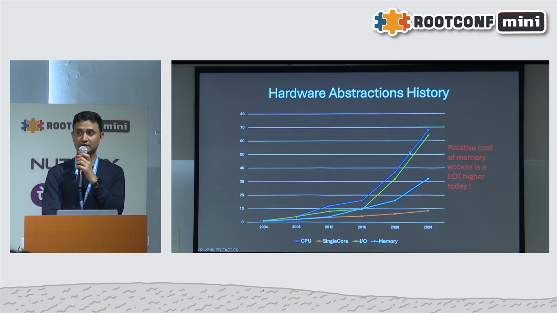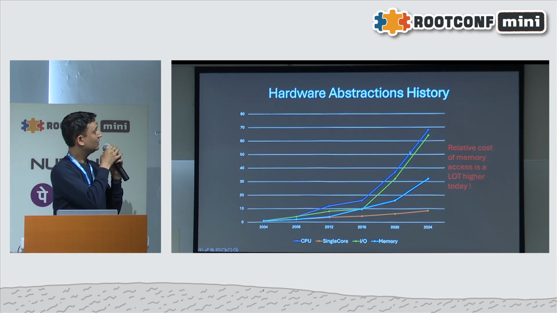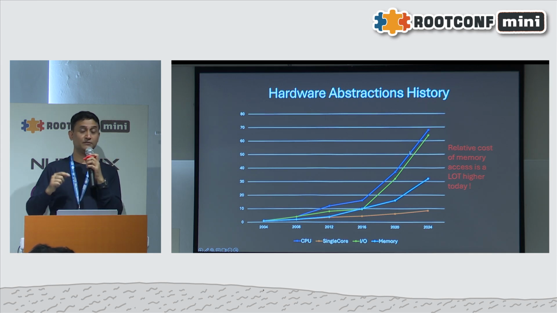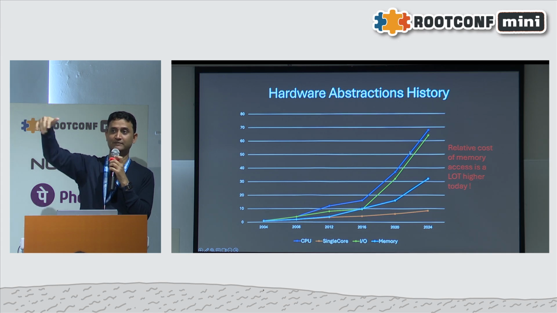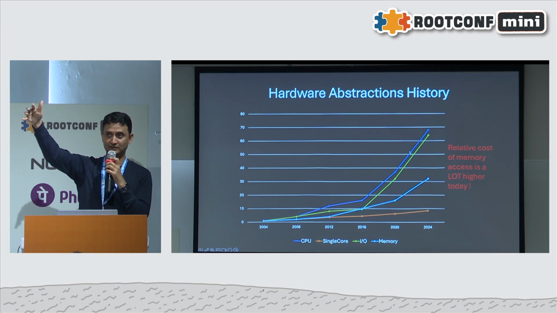Sorry? I mean, what's the difference between memory and I/O? Like both are the same, huh? I/O is memory access? No, memory access is when the CPU reaches out to memory and says, give me the value of this variable or the value of this array. Memory access is the RAM.